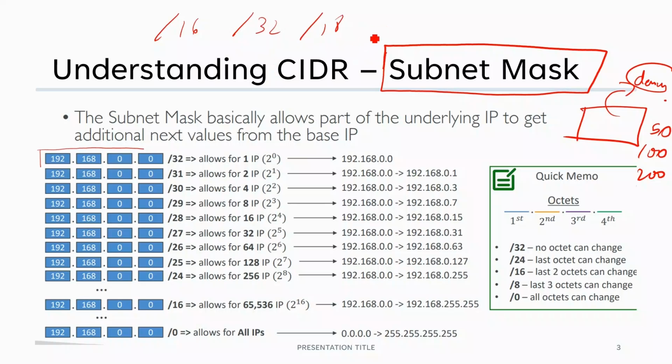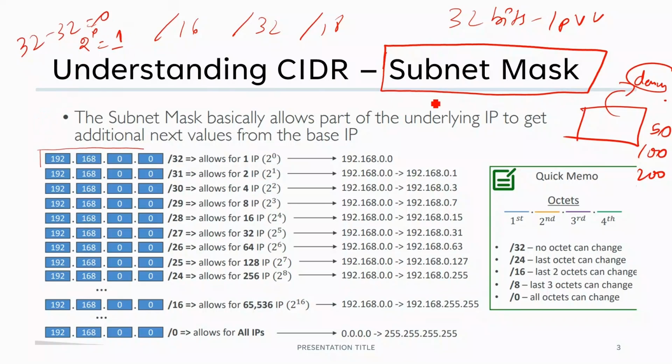An IPv4 address consists of 32 bits, and each part that you see over here consists of 8 bits. So if I say /32, it just means that there is no place for any other IP address, it's just one IP address, because we are not leaving any bits free. So if it is 32, the easiest way to calculate the number of devices is 32 minus 32, which is 0, so you just do 2 power 0, which is one device.